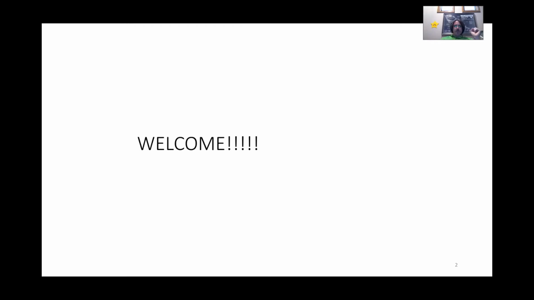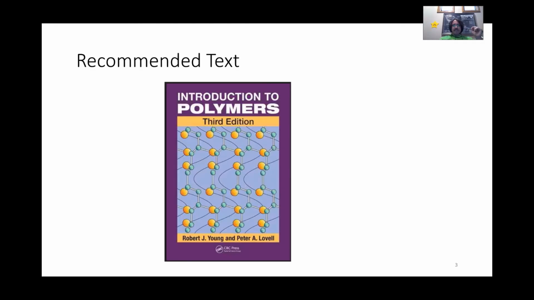The recommended text is Introduction to Polymers by Robert J. Young and Peter Lovell. I hesitate to say required text because I have a few reading assignments that I assign out of it. It actually is a good reference book. I'm pretty sure it's the accepted text in a lot of polymer science and polymer engineering curriculums.